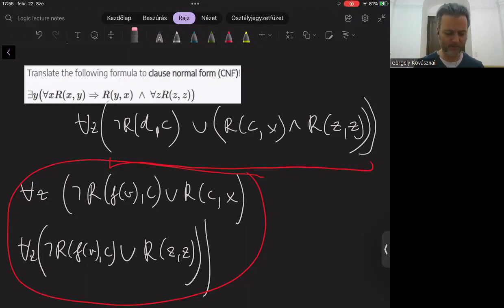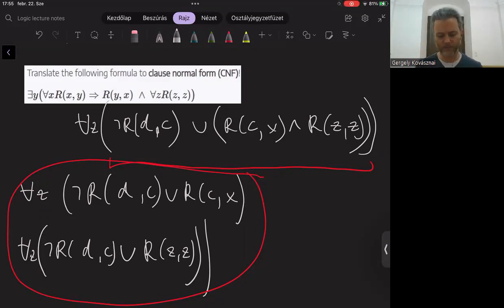And this makes everything more simple. And now I found some mistake, because everywhere I used f(v), but I should have used f(z). It doesn't matter, because we can remove this Skolem function and replace it with the Skolem constant d. So these are the two clauses we would get in this case.